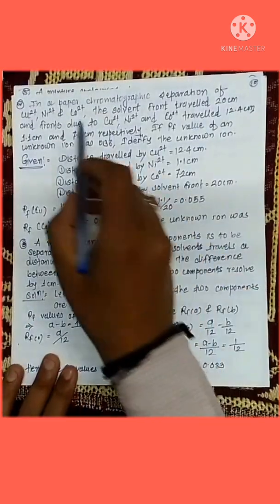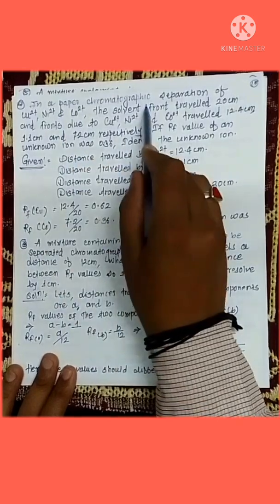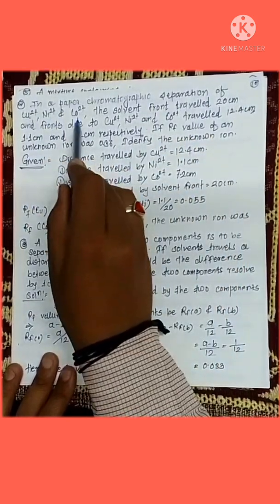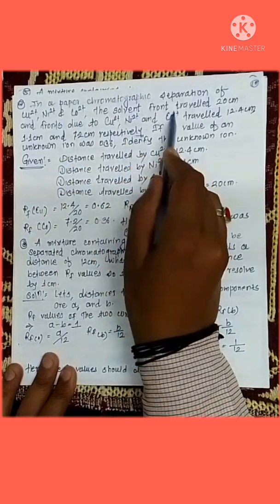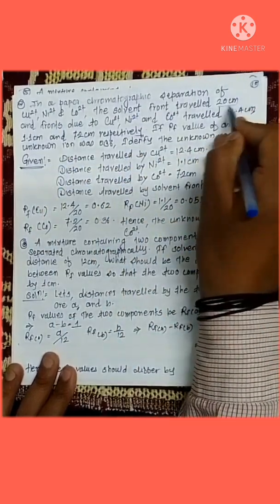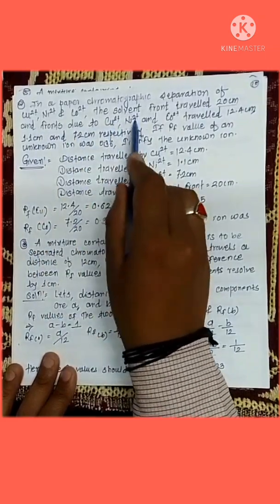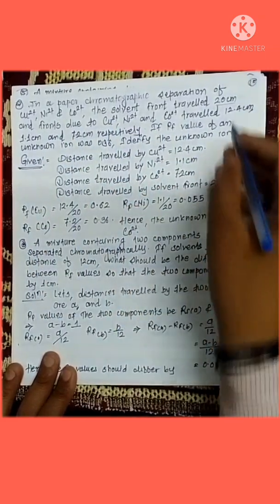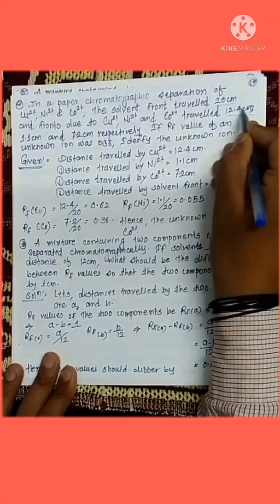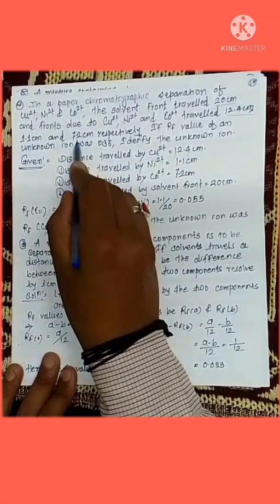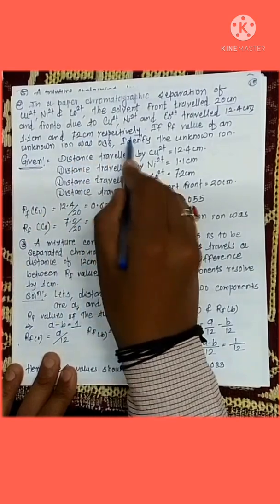In the next numerical, in a paper chromatography separation of copper 2+, nickel 2+ and cobalt 2+, the solvent front travels 20 cm and the fronts due to copper 2+, nickel 2+ and cobalt 2+ travel 12.4 cm, 1.1 cm and 7.2 cm respectively.